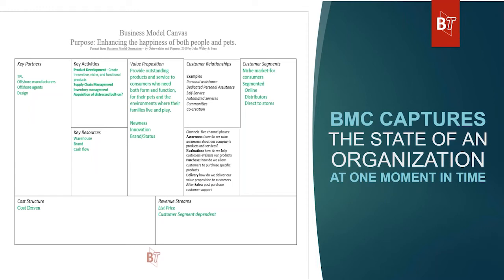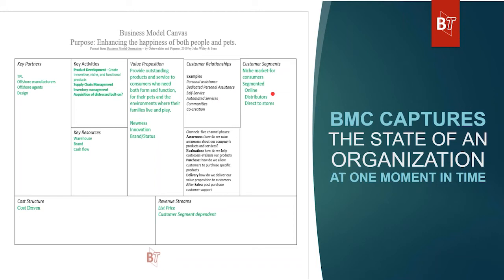So this is an example of a client of ours who we've been using the business model canvas with, and their purpose is to enhance the happiness of both people and pets. So if we start in the value proposition, you can read that yourself. It's longish. I don't need to replay it for you. Secondly, we then jump over to the customer segment.